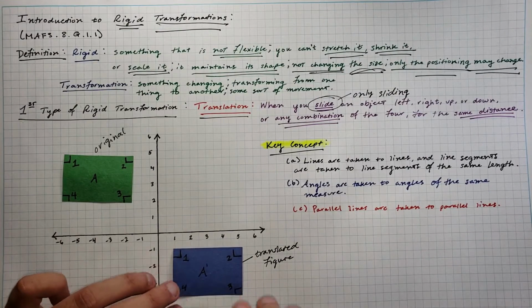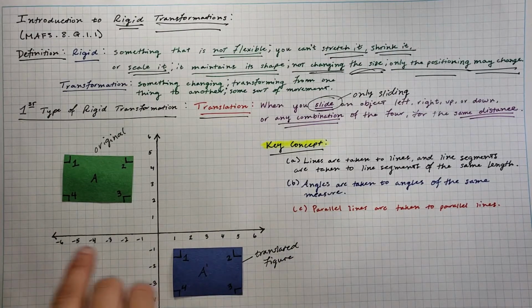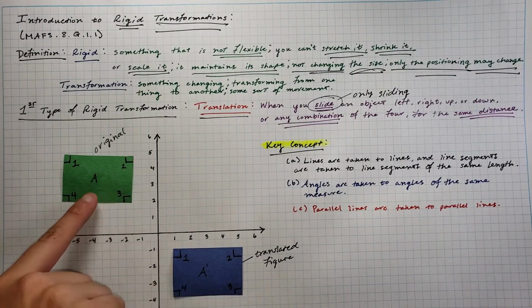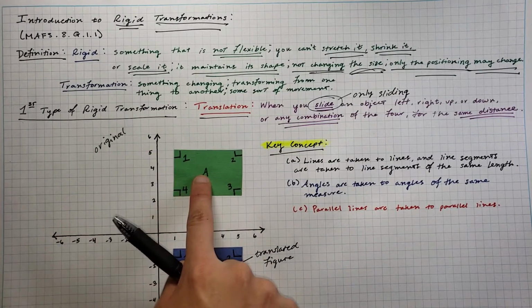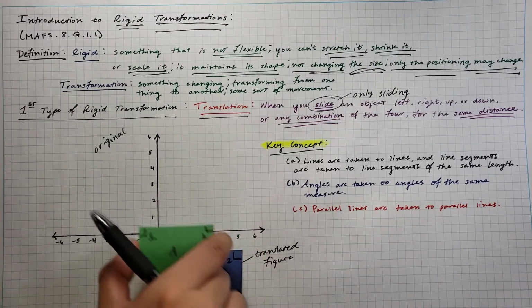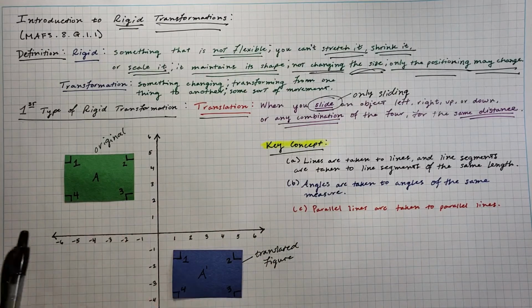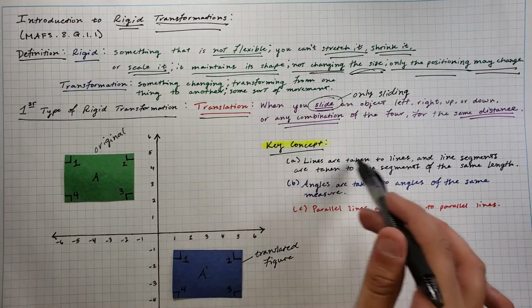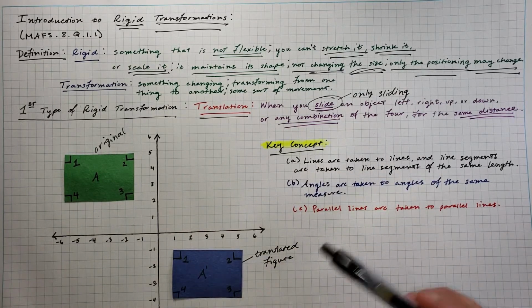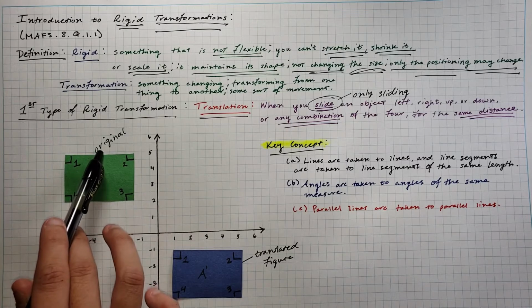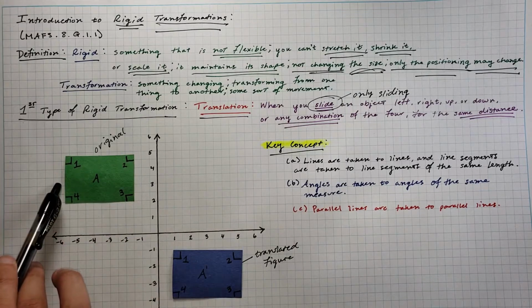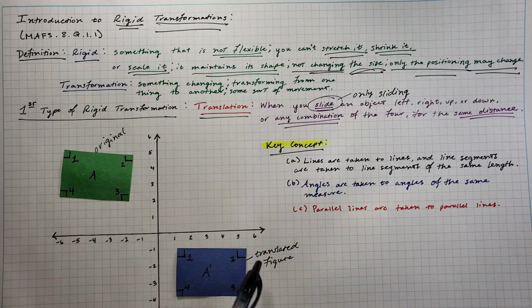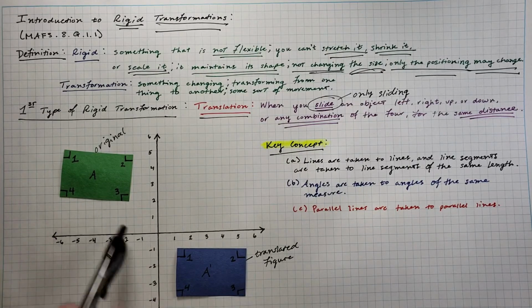Okay, and what we notice when we're translating, for example, to get to A prime, starting with the original, you would just slide to the right and then slide down, right on top. So if we're dealing with the original figure and the figure that got translated to the right then down, what's important to notice is that lines are taken to lines. All they mean by that is that this line gets taken to this line, and this bottom line right here got taken to this bottom line.